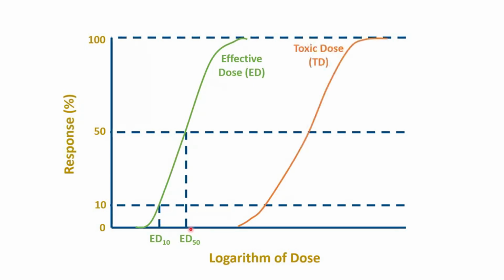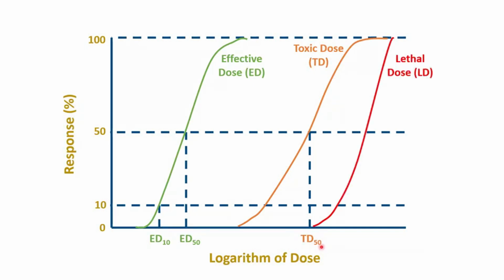Another dose curve we could be looking at is a toxic dose. So toxic dose, abbreviated TD, where we have some toxic effect on the individual. Again, we see this plotted as the logarithm of the dose versus percentage of responses. And similar to the effective dose curve, we could describe this using something like the TD50, or the toxic dose where 50% of the population responds in that way.